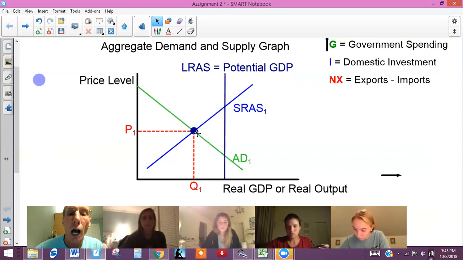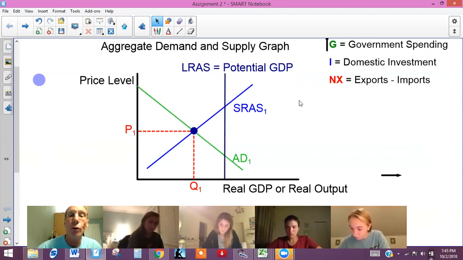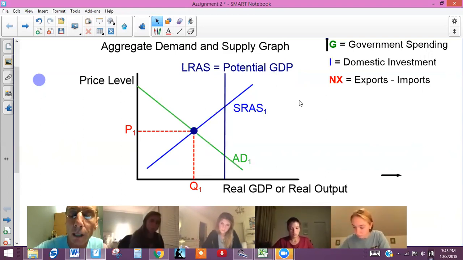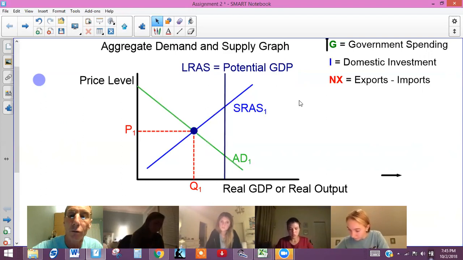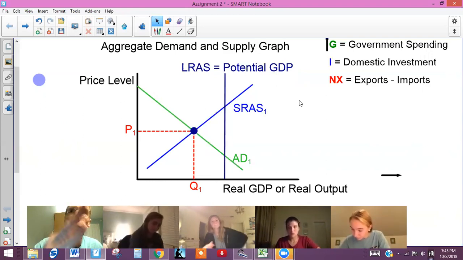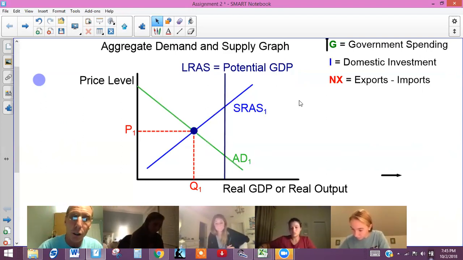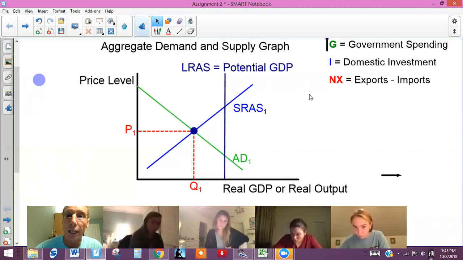We're not operating near the potential of what we could be. It would be the same thing as if we were inside the curve for a production possibilities, to the southwest of the actual curve, right?